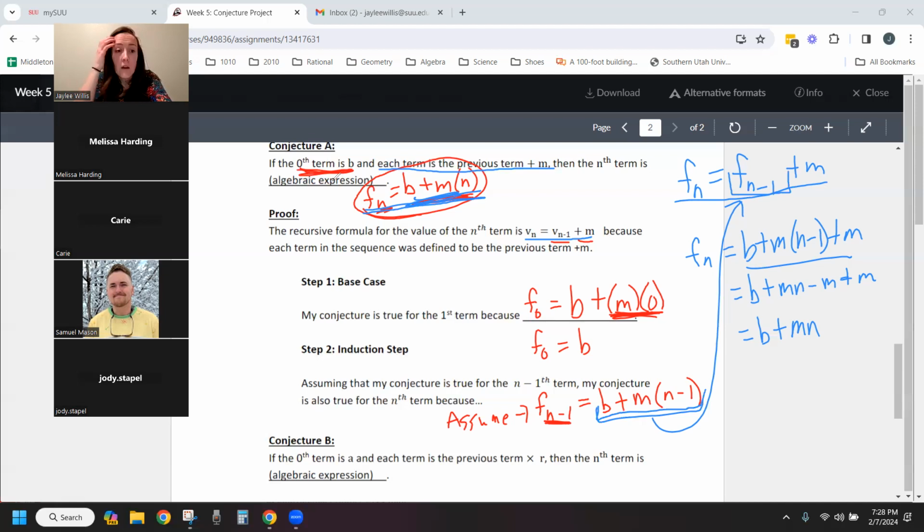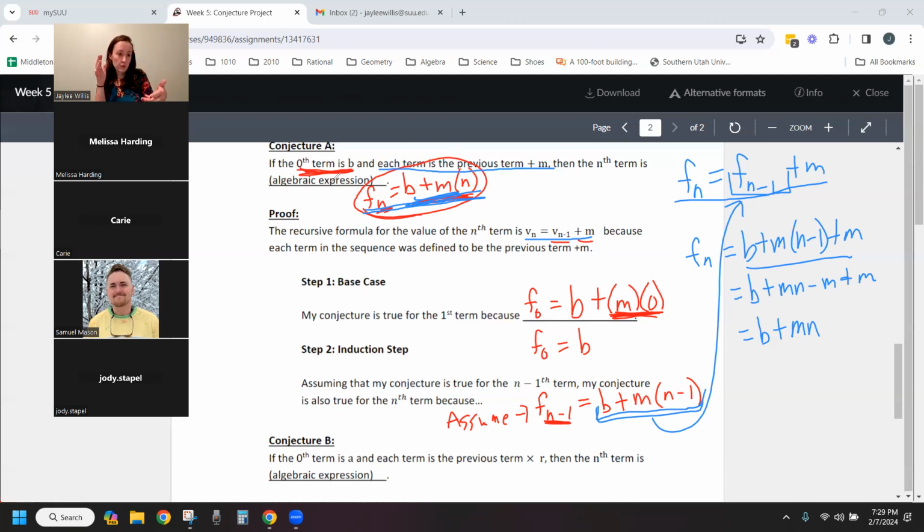that we're trying to prove. And the way that you do a proof by induction is you first prove that it's true for the first term, which in this case was the 0th term. And then the idea of induction is you assume that for whatever term you're looking at, so the nth term, the term right before it follows the rule that you're trying to prove.